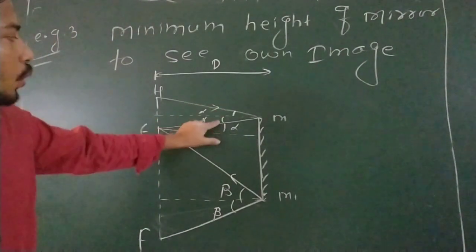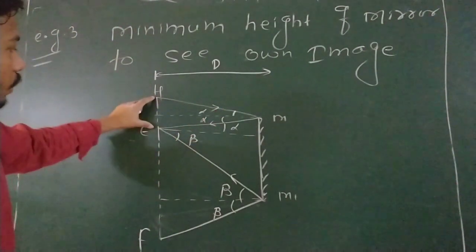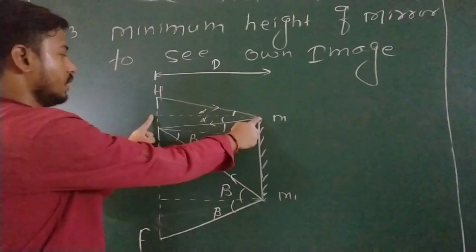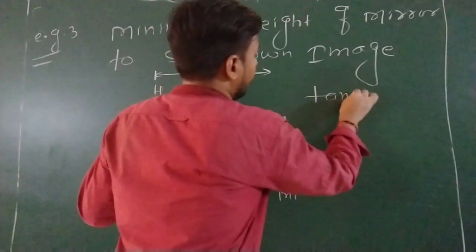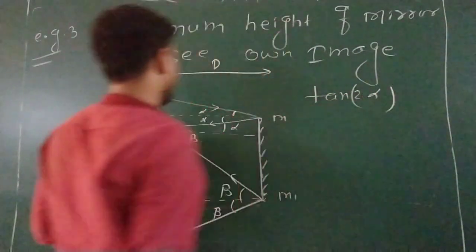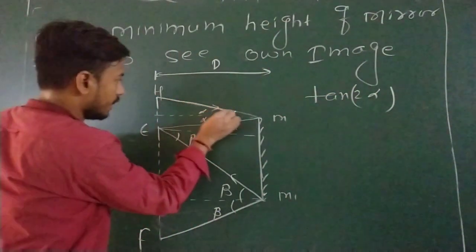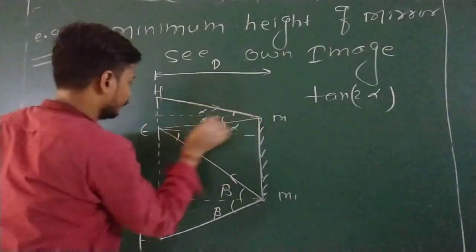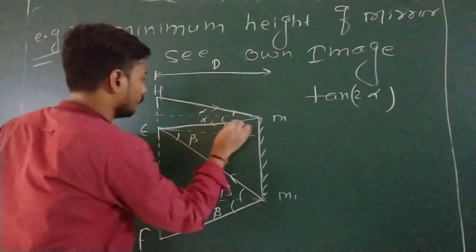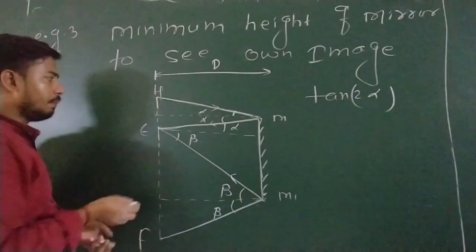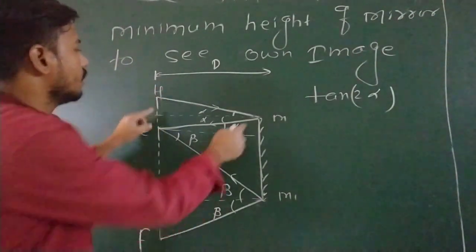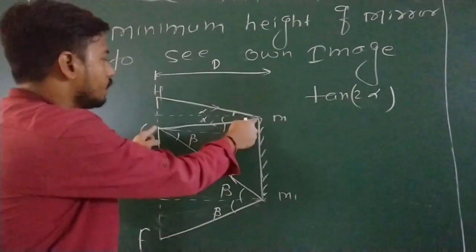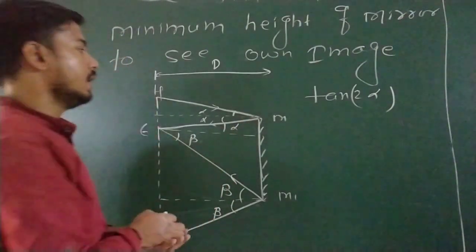What can you write? Tan 2 alpha is equal to this height divided by this distance. So I'm writing here tan 2 alpha. See in this triangle, tan alpha is this height by this one, so it becomes HE.